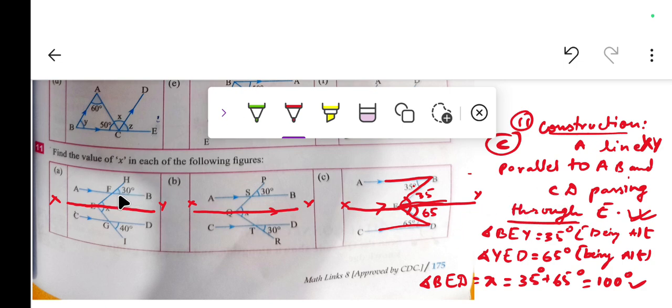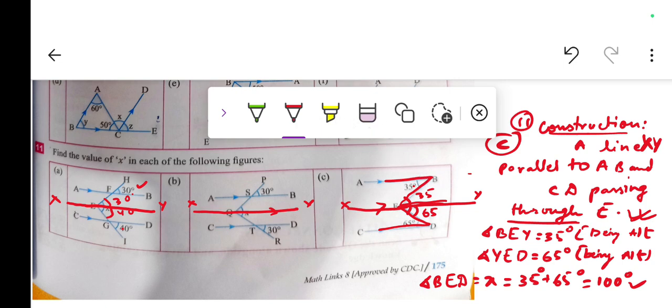In this case we will have corresponding angles. If this is 30, this will also be 30, corresponding angle. This is 40, this will also be 40, and the value of x will be 70 degree. In this case also the same thing, 30, 30, x will be equal to 60 degree. This is how question number 11 ABC is solved.